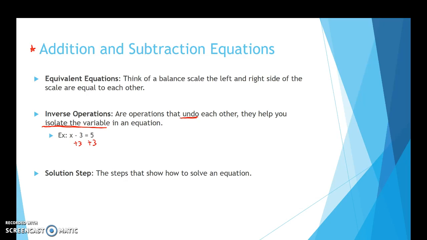When we're solving equations, whatever you do to one side, you have to do the same to the other. And so then we're going to be isolating the variable so that x is by itself. Because notice negative 3 and positive 3 cancel to become 0. So what we have here is x equals 5 plus 3, which is x equals 8. So that's pretty much what we're doing within this section.